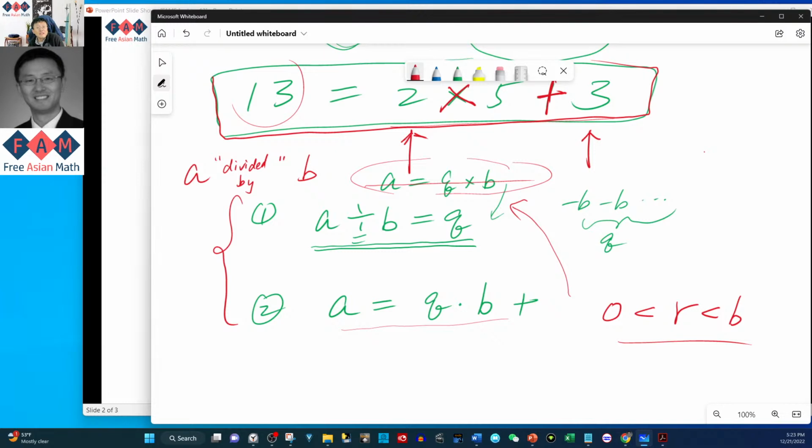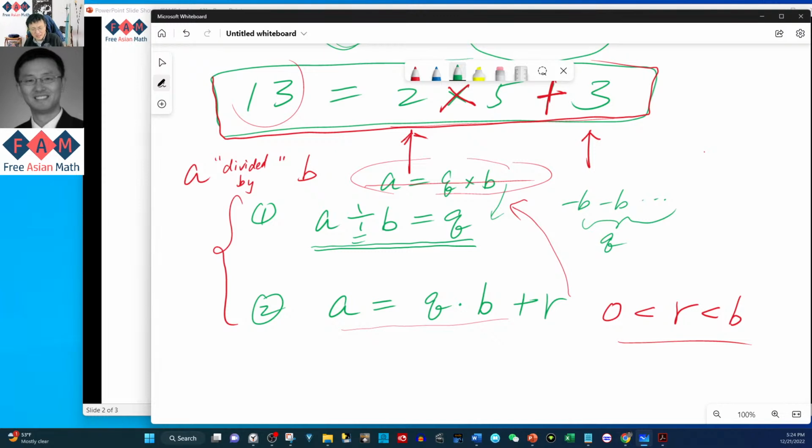If remainder is 0, then we will actually go back to the first case. So in this second case, division with remainder is at least 1, but it also must be smaller than divisor B. And that's why we call it a remainder.